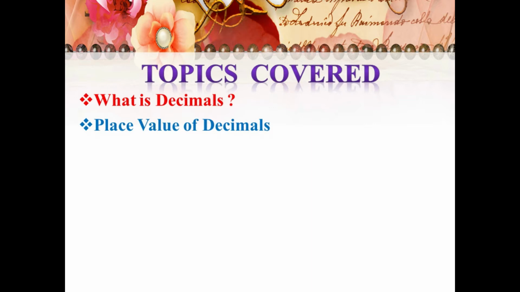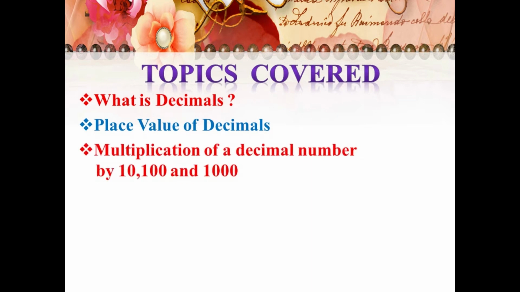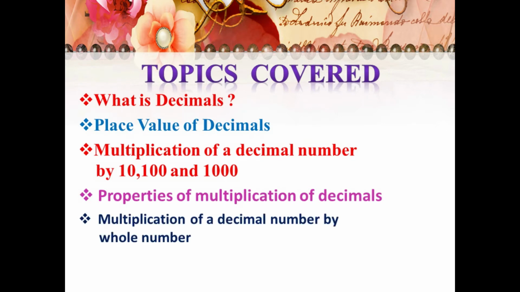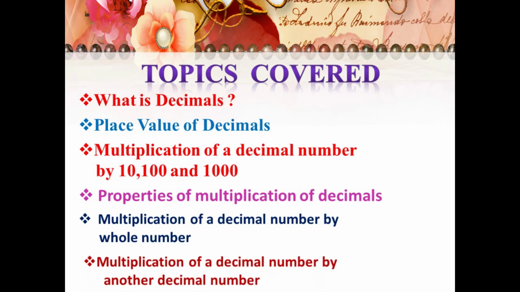In this session, the topics we are going to cover are: what is a decimal, place value of decimals, multiplication of a decimal number by 10, 100 and 1000, properties of multiplication of decimals, multiplication of a decimal number by a whole number, and multiplication of a decimal number by another decimal number.